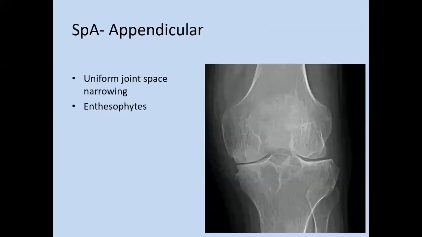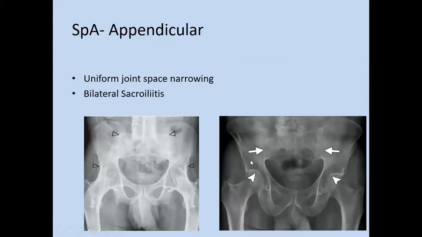or unilateral. Ankylosing spondylitis also can involve the appendicular skeleton, and when you see that, you see uniform joint space narrowing. Most commonly you see it in the lower limbs, in the knees and the hips. When you have a pelvic radiograph like this and you see changes in the sacroiliac joints in keeping with chronic sacroiliitis, look for the uniform joint space narrowing.